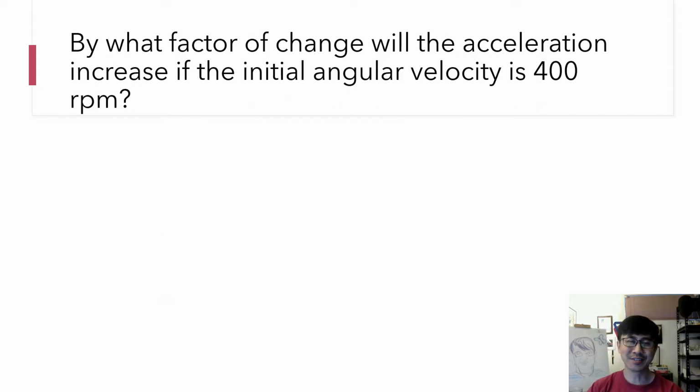Let's do another example. Okay, again, with factor change, if it does not change, then you replace that variable or number with 1. And if it does change, you write how it changed.